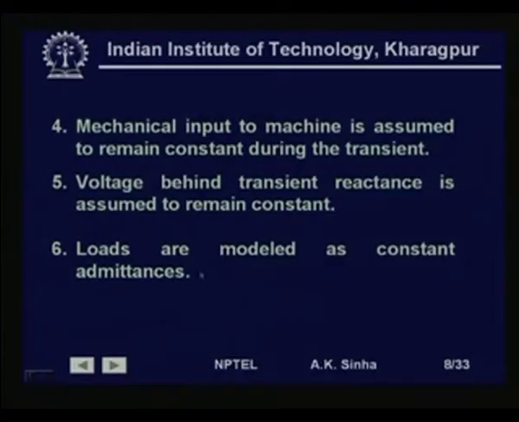Those things can also be modeled in modern programs, but for our purpose of understanding how we do this analysis, we assume the loads are constant impedance loads, that is, the impedance value we calculate at the voltage level at the pre-fault condition, or before the changes occurred at t equals 0 minus, whatever the voltage is at that time. We calculate the admittance knowing the power, and we use that admittance all the time, assuming it to remain constant.